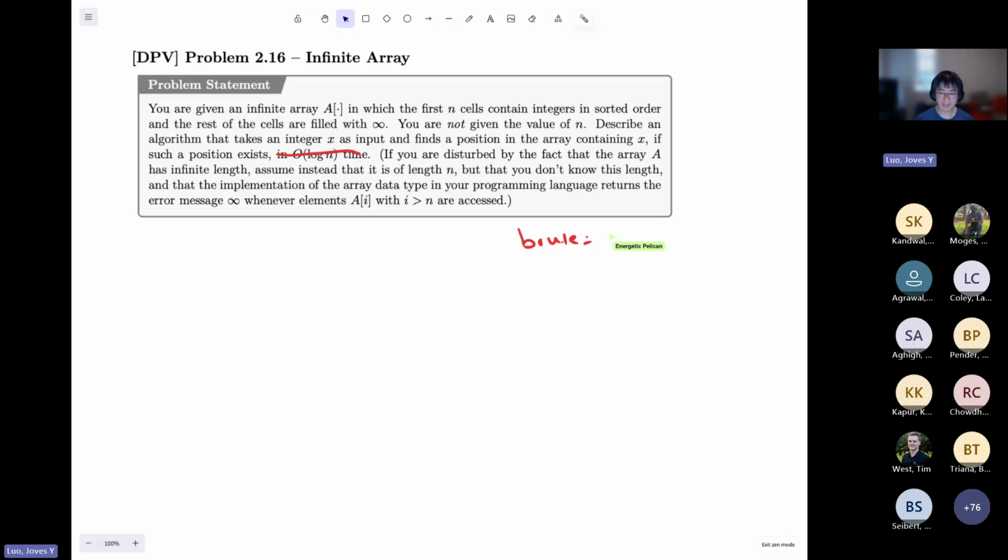I can take the beginning of my array and scan it to the end to find x, the value I'm looking for. I can do that in O(n). No matter how big the array is, there is a given n cells that I know is sorted, and all I ever have to do is search through n cells. It could be the very final number. That's fine. So brute force is O(n).